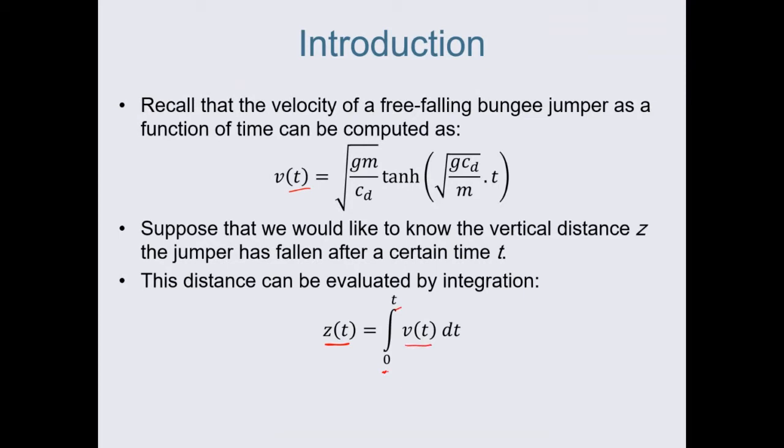You know that velocity is distance, if he's calling it z here, dz over dt. If you want to find z, you say dz equal to v dt, and then you integrate both sides. You'll get z is equal to the integration of v dt.